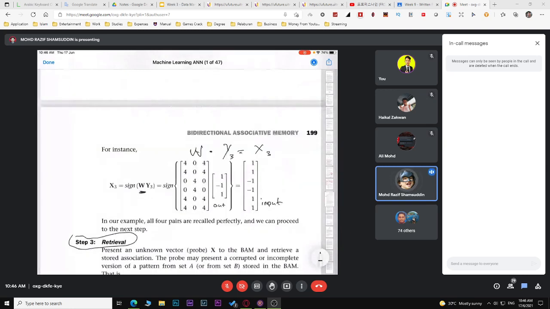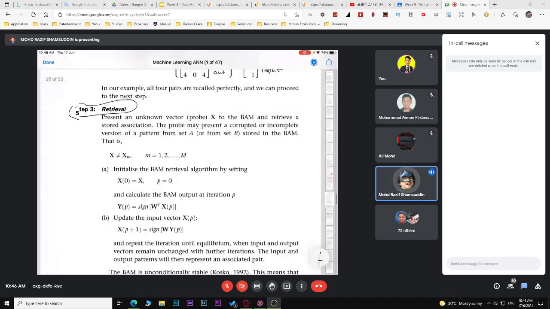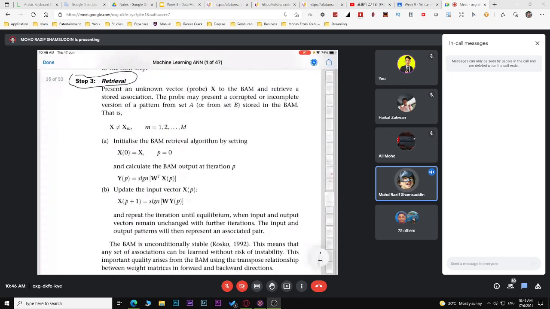Okay. So how about retrieval? Retrieval of course presents an unknown vector to the BAM and retrieves a stored association. Alright. So if you get the stored association, then the pattern is considered as restored. Okay.